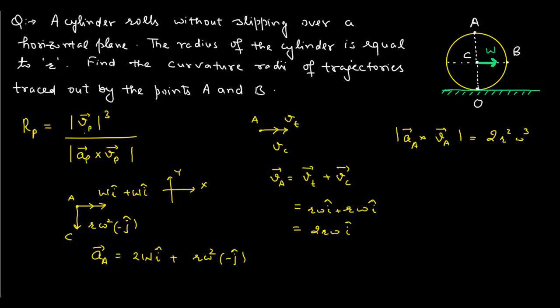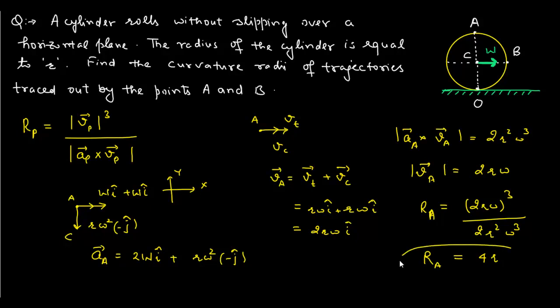And the magnitude of this velocity of point A is 2r omega. So if we substitute both these results here, we will get the radius of curvature of point A equal to 2r omega cube divided by this 2r square omega cube, and if we solve it we will get 4r. So this is the radius of curvature of point A.